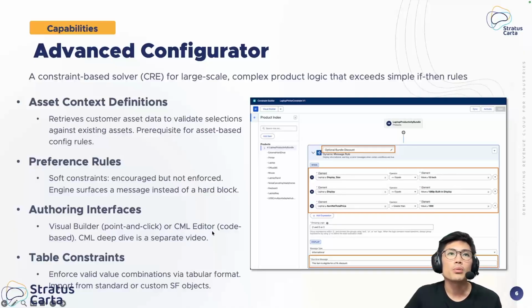In the following slide, we'll go through the CML editor. You're also able to reference tables in your constraints. It's similar to a custom metadata when you want a certain matrix to drive your constraints. You're able to do that in Advanced Configurator.